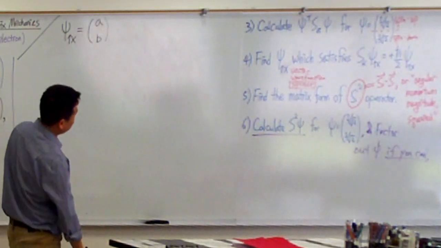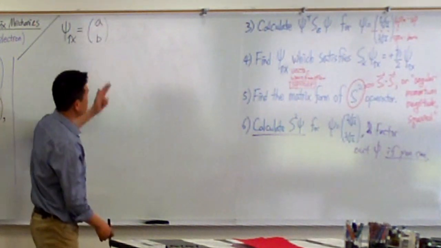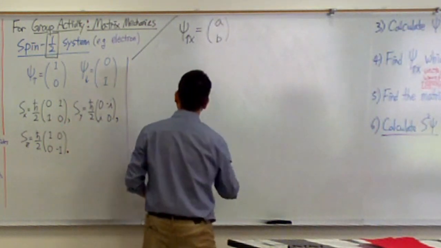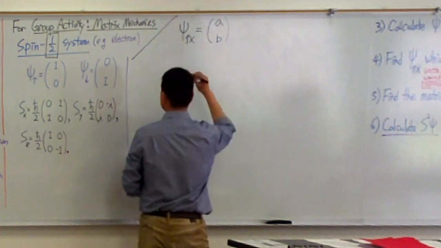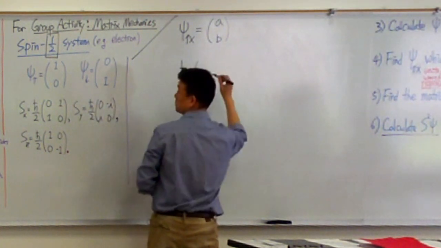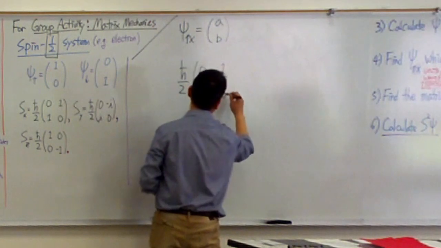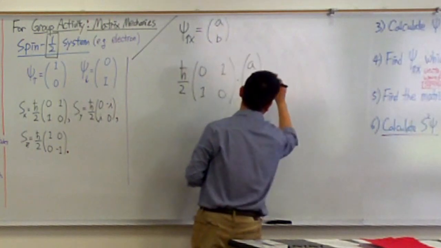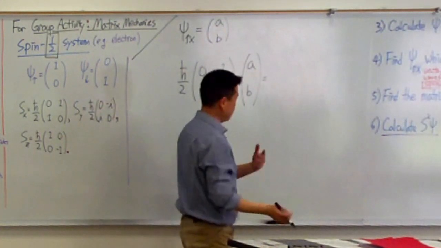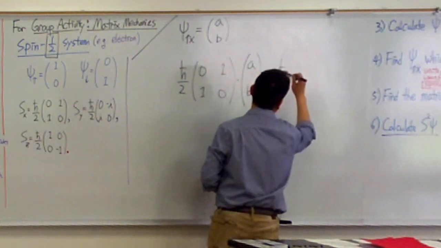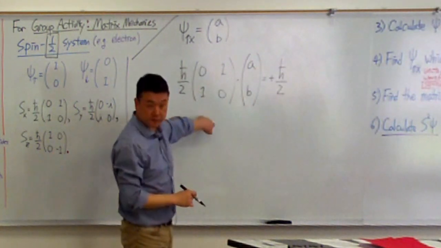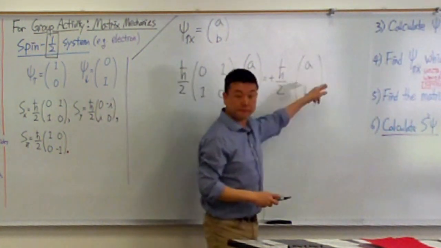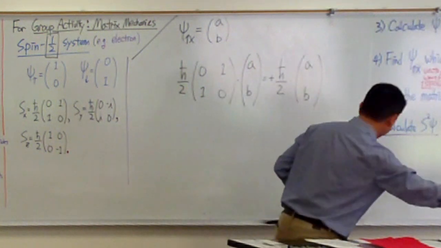What a and b need to satisfy is this equation: the x spin operator, h bar over 2, [0, 1; 1, 0], multiplied by this vector is equal to the scalar that we suspect is one of the eigenvalues, or one of the possible measurements by the operator, times the same vector back.